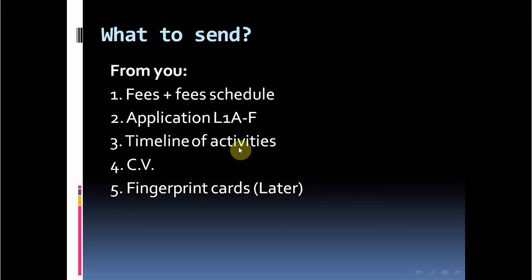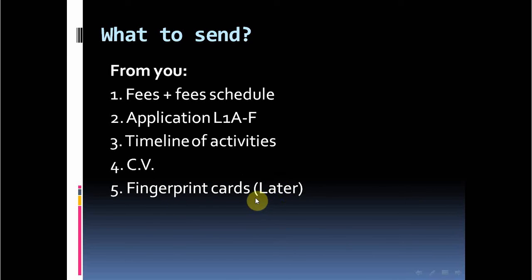And the timeline of activities, it's basically just a paper with all the activities that you have been doing after graduation until the time of application to the PTAL, and a CV and fingerprint cards. The CV has to be signed and dated. You sign your CV and date it, okay? And fingerprint cards, these are later on.